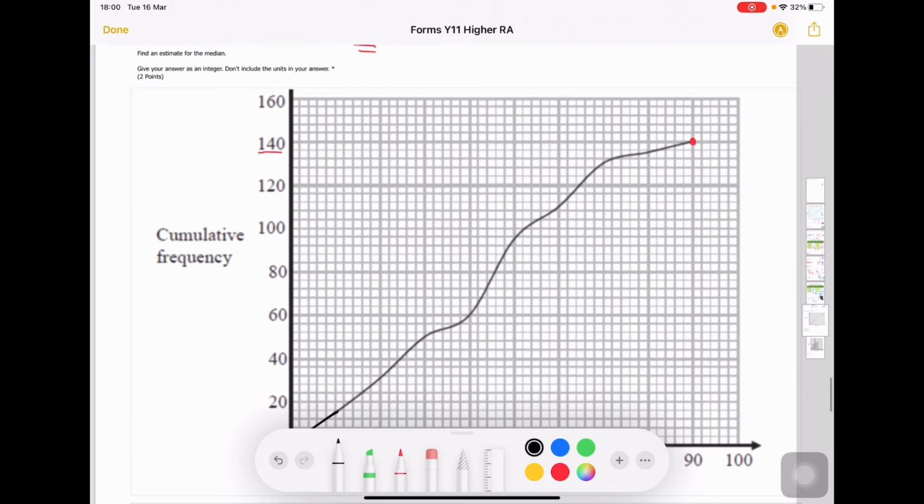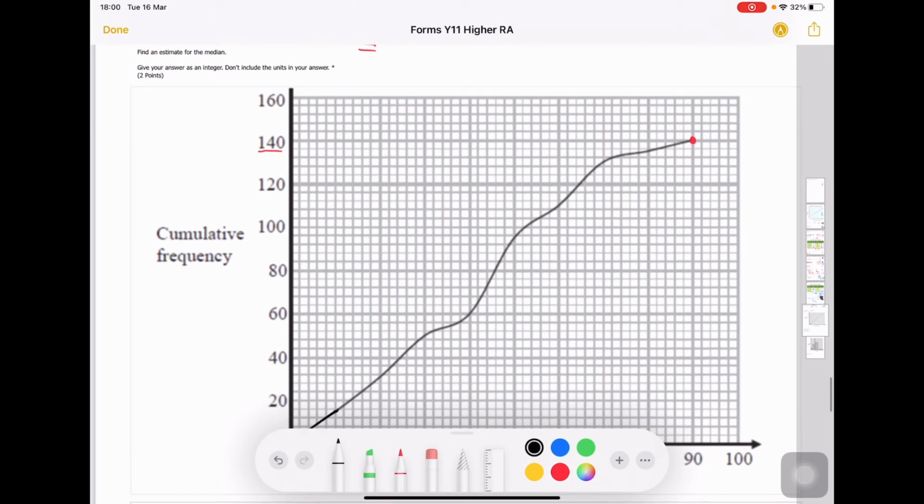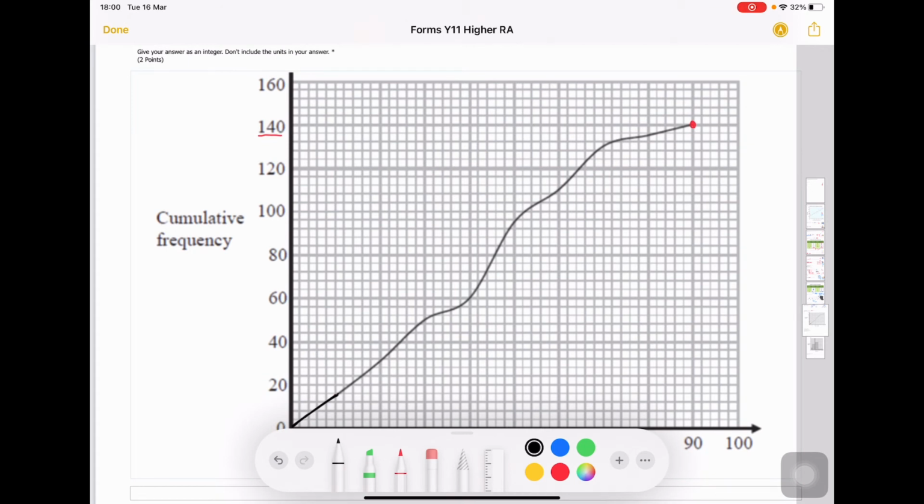So we have 140, and so the easiest way of working out the median is looking at the 70, so halfway between 140 and 0 is 70. So we're going to draw a dotted line and draw a line down.